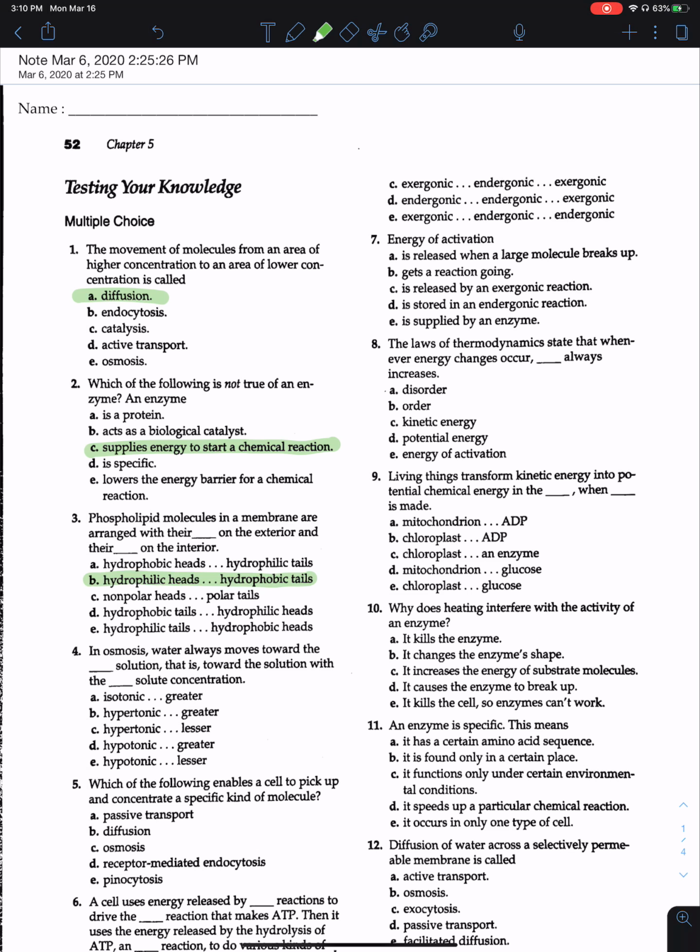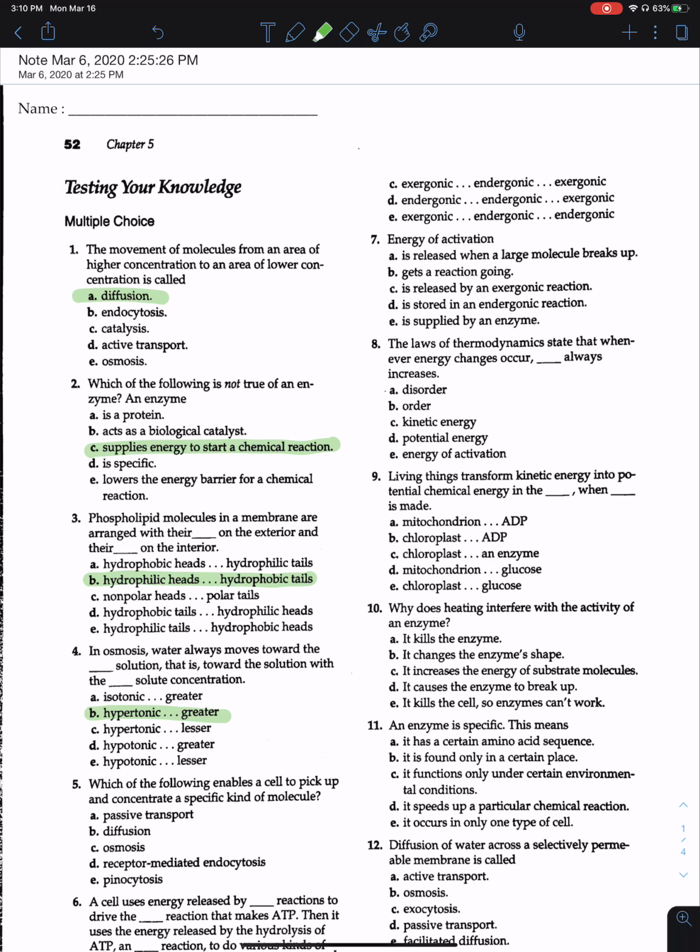Moving on to number four: in osmosis, water always moves toward the blank solution, that is, toward the solution with the blank solute concentration. The answer here is B. If you recall from our osmosis stuff, water will always follow the salt, basically. Hypertonic refers to which part has the highest concentration.